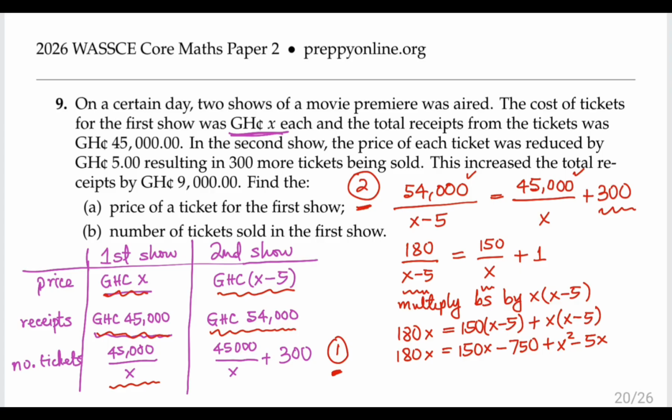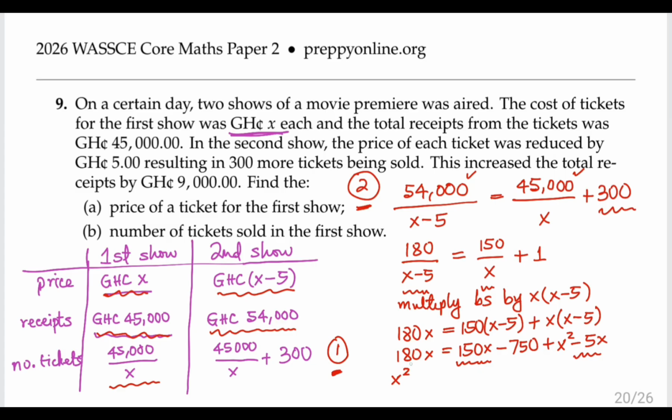Okay, so we can try to group like terms, or we can try to bring everything to one side because it's becoming clear that we are getting a quadratic. So if we bring everything to one side, we are going to get x squared. Then we have minus 5x here. We have plus 150x.